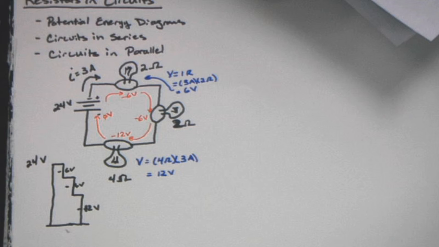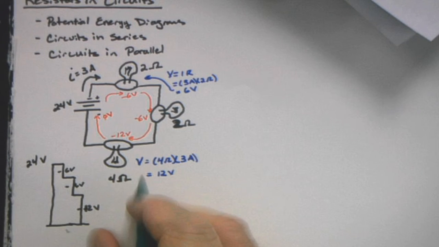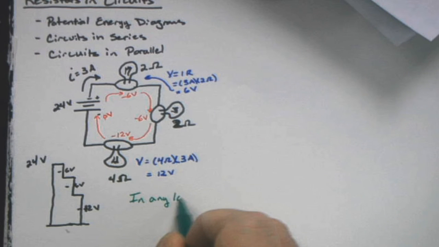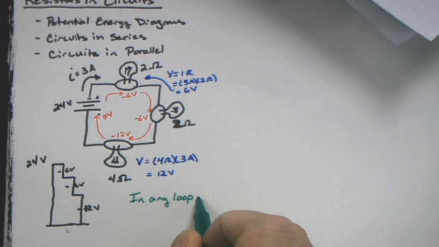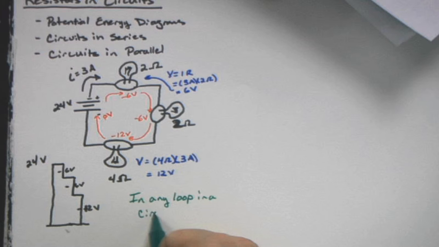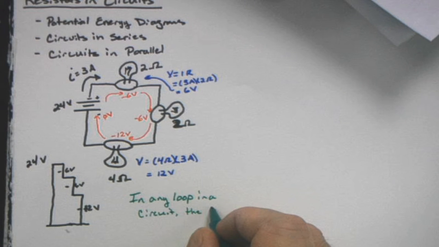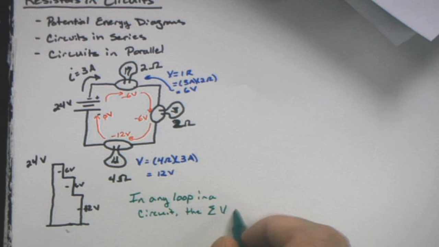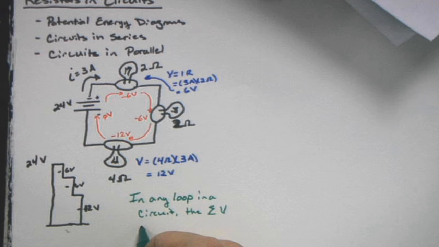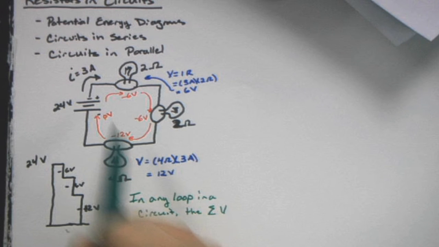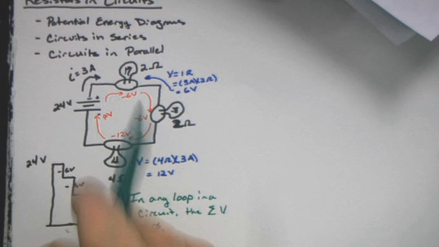In fact, I'll write this out to the side. Okay? In any loop in a circuit, the sum of the potentials in that circuit is always going to equal 0.